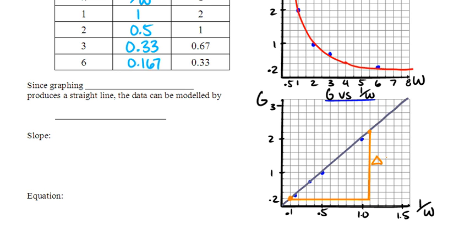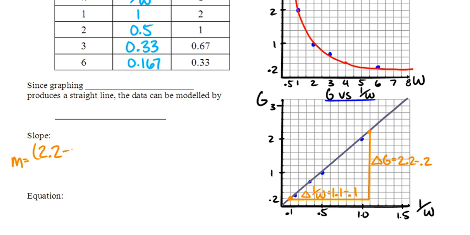We've got a delta G, a delta 1 over W. We want to show big minus small. So it looks like 2.2 minus 0.2 over 1.1 minus 0.1, which I think is going to give me a nice answer if I do a rise over run. Make sure you're careful with your brackets.